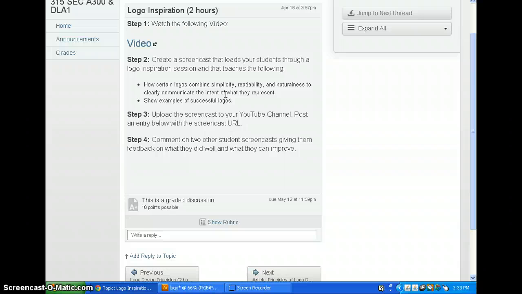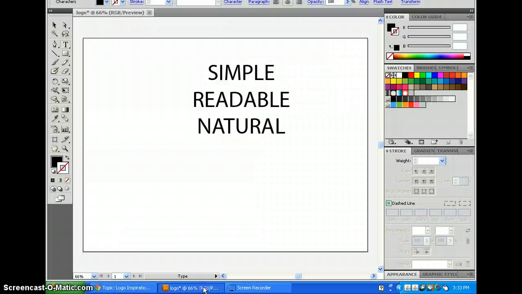Okay, so to start off, these are the three principles that are really important to understand as we try to make a logo, not only a logo but an effective or successful logo. As we said in our previous video, it's important to make it simple and really easy to read, readable and natural, because sometimes people like forcing things and they fail because they force too much, and we cannot see natural things in it.